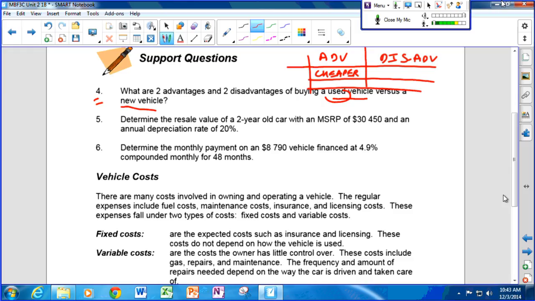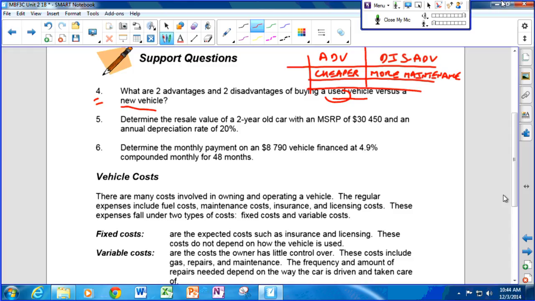Okay, disadvantage. Maybe it has more maintenance. Maybe you're going to have to change the alternator. Maybe you're going to have to change the brakes, right? Maybe the wheel bearings are starting to go, right? So there's more maintenance in an older vehicle just because parts wear out. Okay.